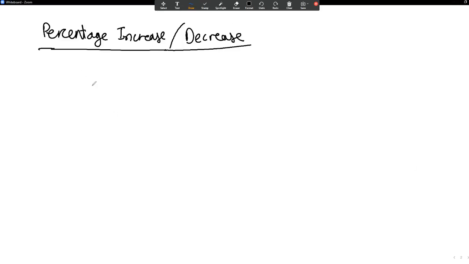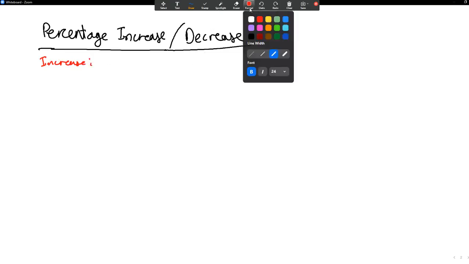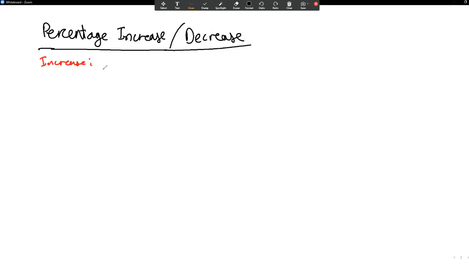So what you want to do is, let's first look at increase. Let me do this in red. Increase. Right. So let's say we want to increase.